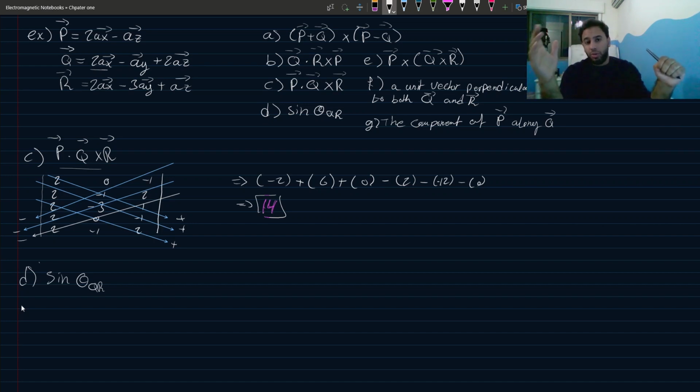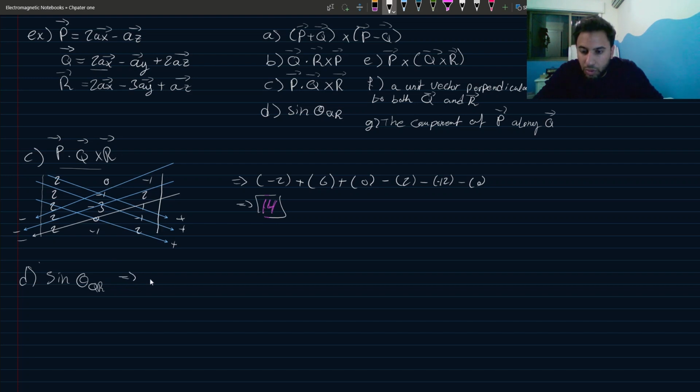Well, as you may know, the definition of cross multiplication is the magnitude of the first multiplied by the magnitude of the second multiplied by sine theta multiplied by the unit vector.